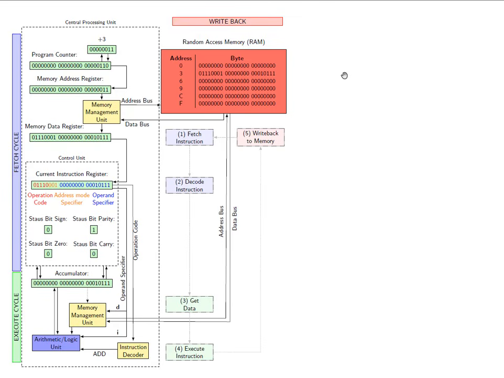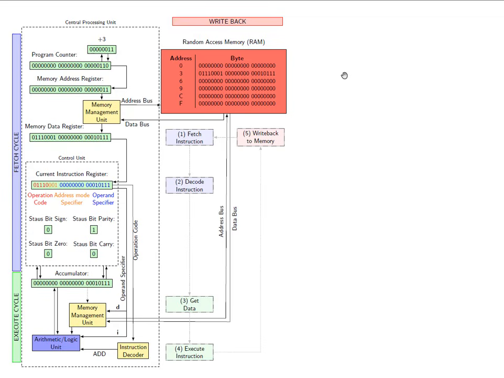And we know that it's a 24-bit instruction, so we just have to go and get that entire block of 0s and 1s. We retrieve it with the data bus. The address bus tells us where to look, and the data bus brings that data to the memory management unit. Okay, I hope it makes sense so far.